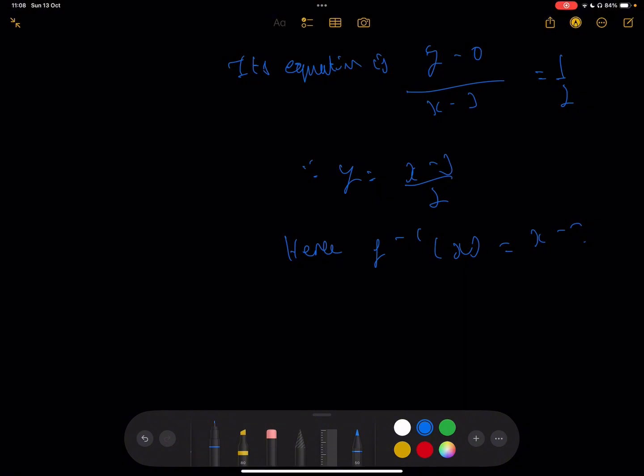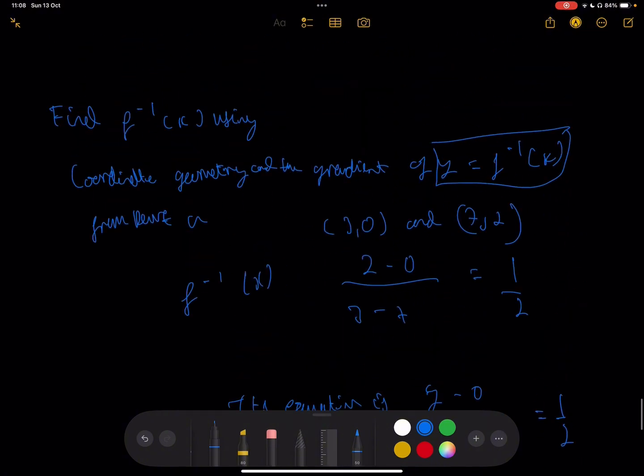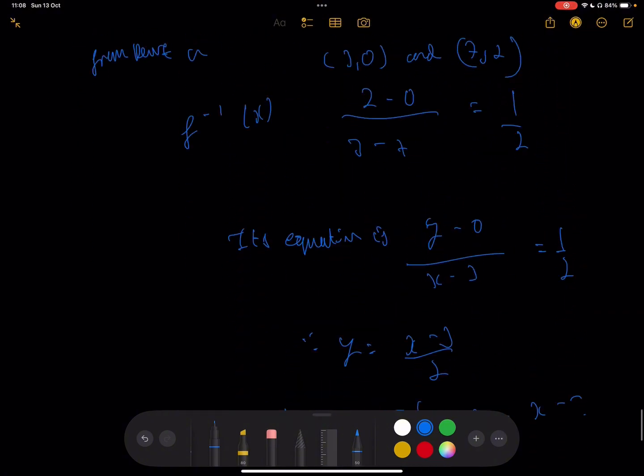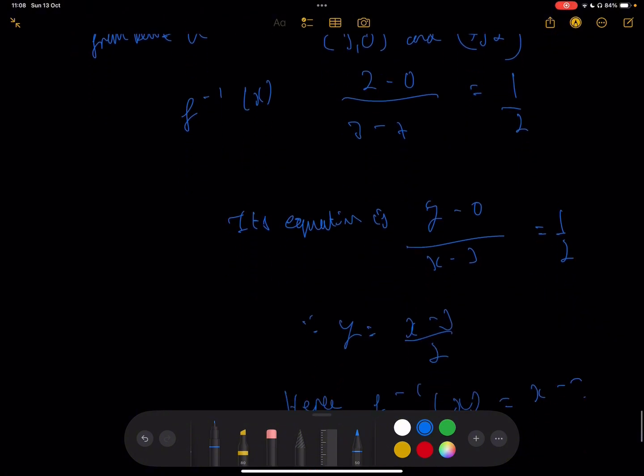So we've therefore found the gradient of the inverse function, and so the equation for the inverse function, using the gradient and coordinate geometry. How have we done this? We've used the gradient, which we set as 2 minus 0 over 7 minus 3 to get a half.